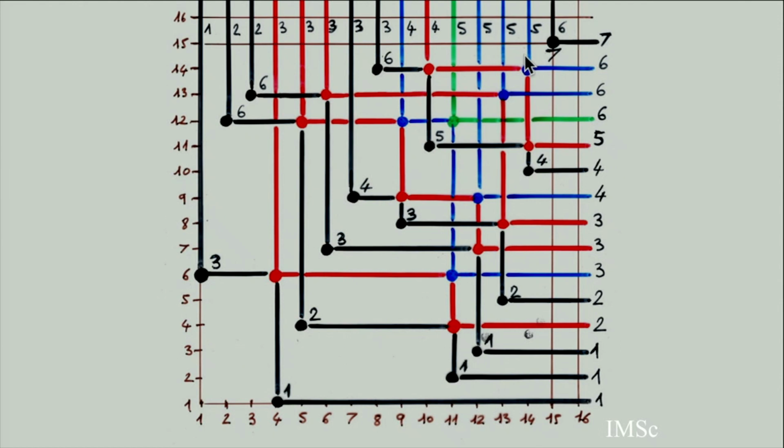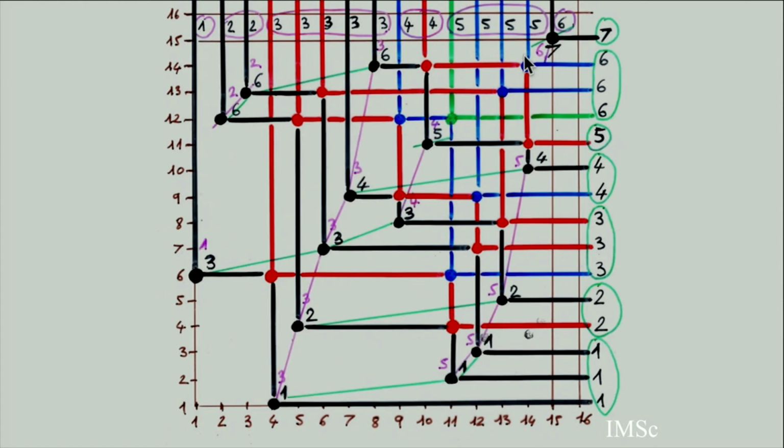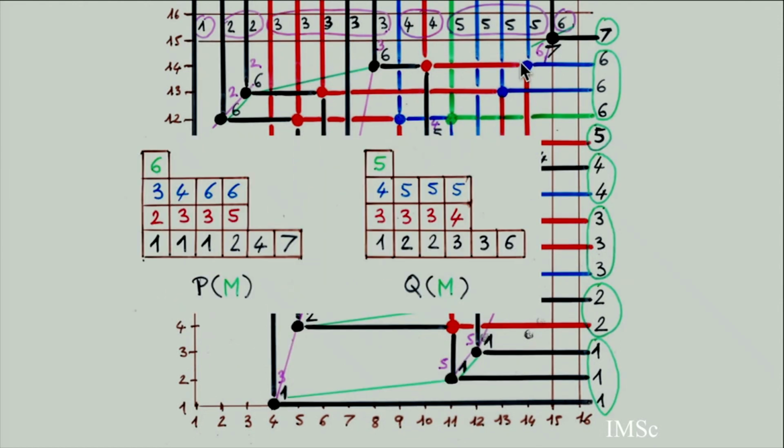And so if I apply Robinson-Schensted, I get this pair of tableaux. If you apply the standard Robinson-Schensted for a permutation, all the black points, there are 6 black lines coming, this 3, 3, 2, this 1, would be all different numbers. But now I put them together, 1, 1, 1.